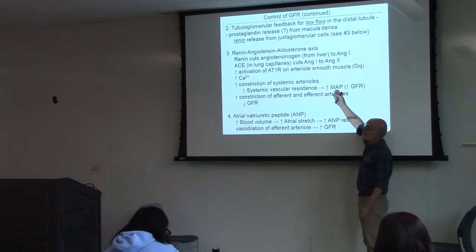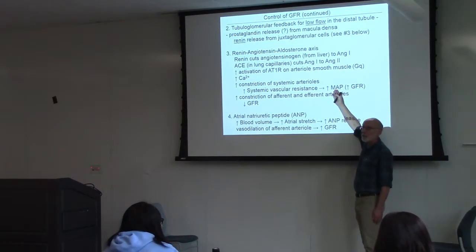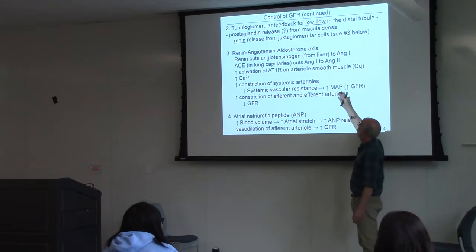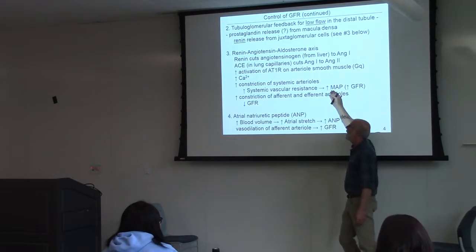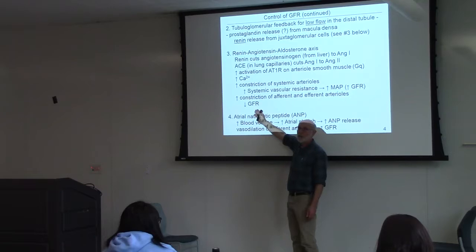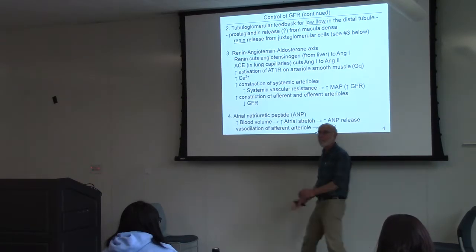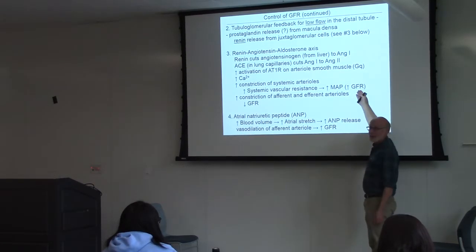We still get this. We always get an increase in mean arterial pressure, but we often get an increase in mean arterial pressure and a decrease in GFR. Despite this, is basically what it comes down to.